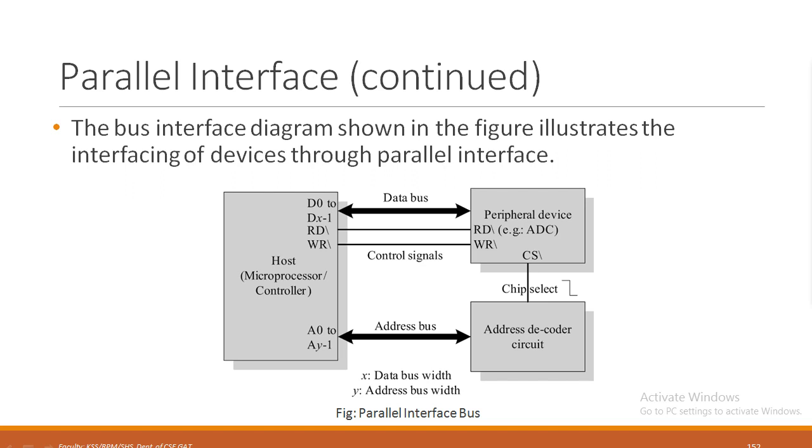So always in the parallel interface, the host will initiate the communication. It means the host will start the initiation of communication. The device does not have the right to initiate the communication. So the host has to initiate the communication. What does that mean?